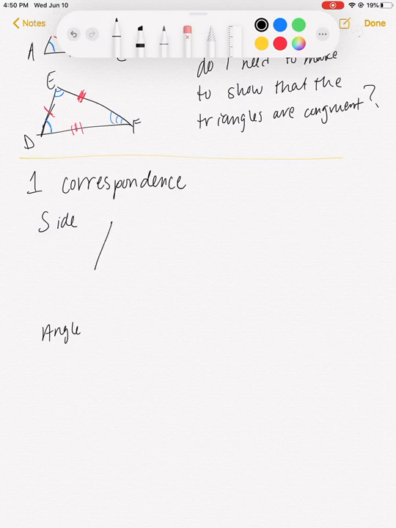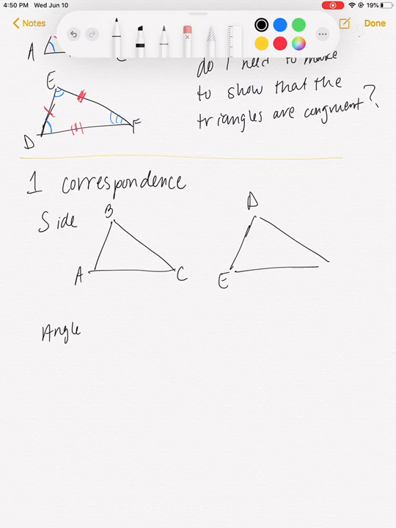I'm going to draw my 2 triangles, ABC, and my triangle DEF, and I'm going to make a side correspondence, which means that they cannot vary. They must stay the same. I'm going to set this side, BC, equal to DF.